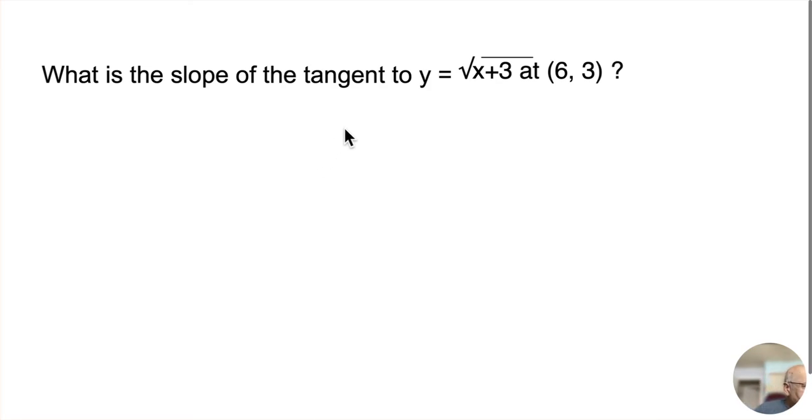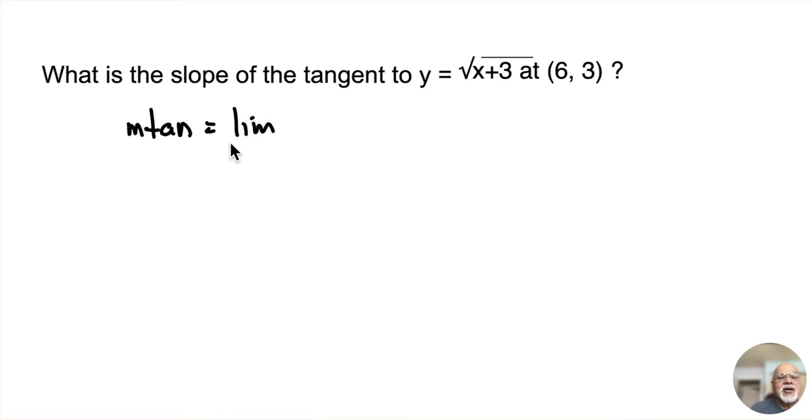Now, this one is going to be a little messier because of the square root sign there. However, if you can persist through the algebra, you should get this. Let's look at this. Slope of the tangent, limit as h goes to 0 of f of x plus h minus f of x all over h.